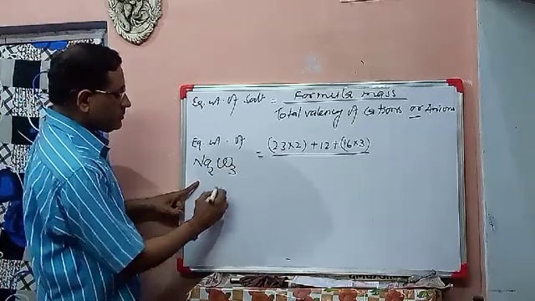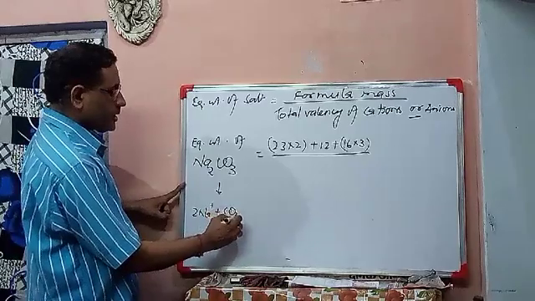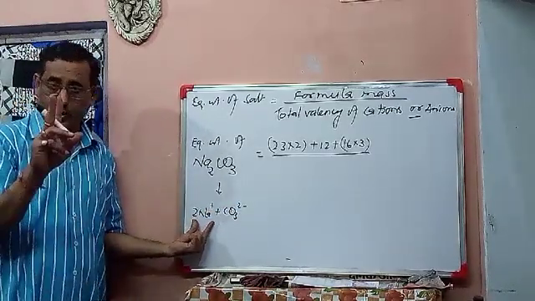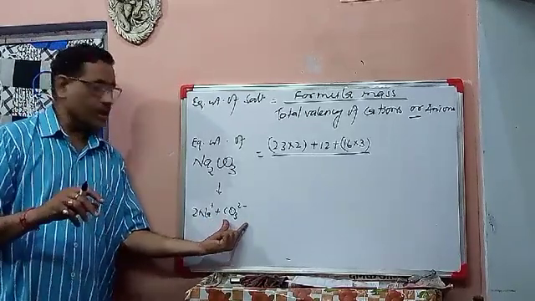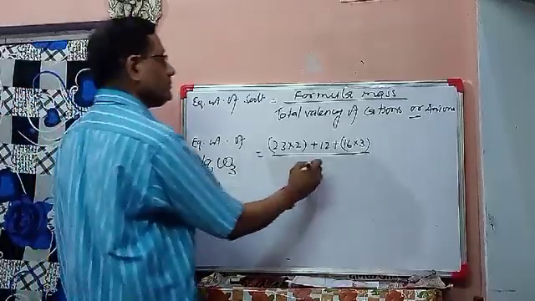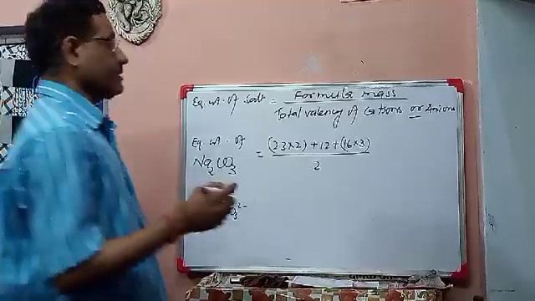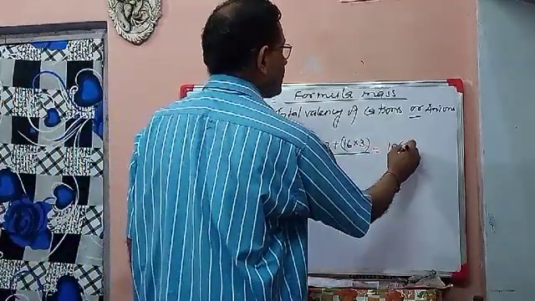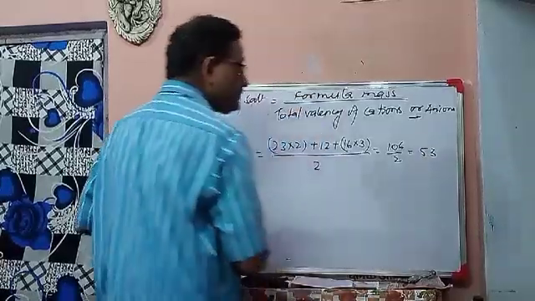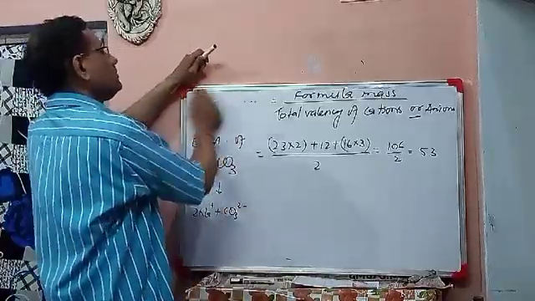And it gives 2 sodium ions and 1 carbonate ion. Total valency will be +2 for 2 sodium ions, or total negative valency is also 2. So you divide by 2. Take total valency of anions or cations. It is 106 by 2, that is 53. Clear? Now we go.